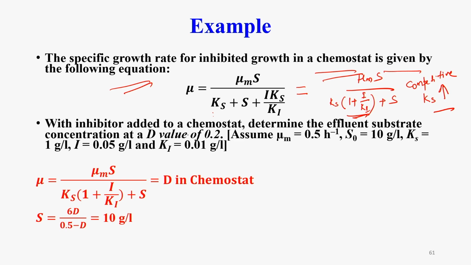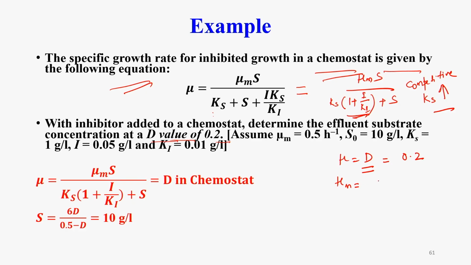Now, with inhibitor added to the chemostat, determine the effluent substrate concentration at a D value of 0.2. In the case of a CSTR, we say mu equals D, where D is the dilution rate, and this value is given as 0.2.